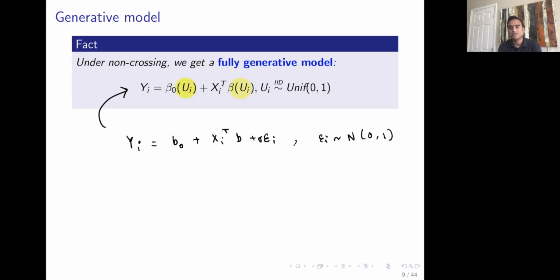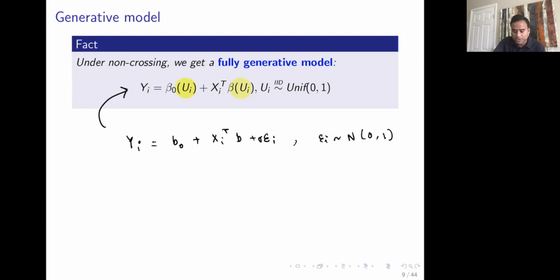How do I generate data y given x? Given an x, I generate a u_i drawn from uniform, independent of x and independent of other observation units. Then I plug in and look for that plane. The u_i is a random quantile level. Look at where in that plane the x_i values take you, and that's your y_i.